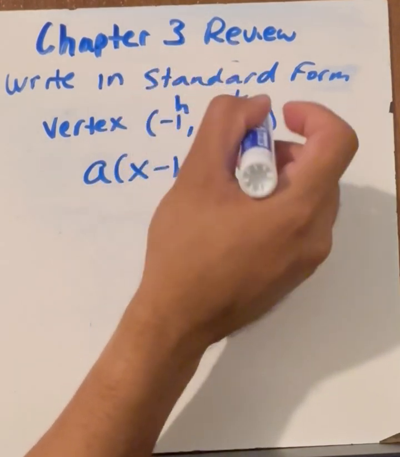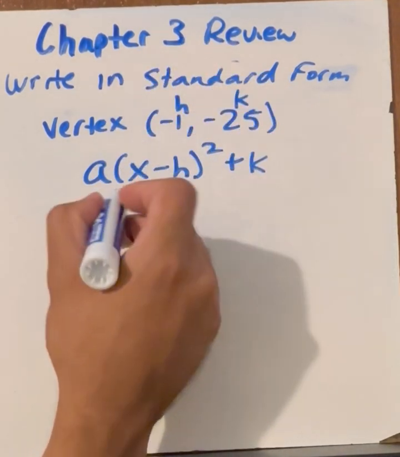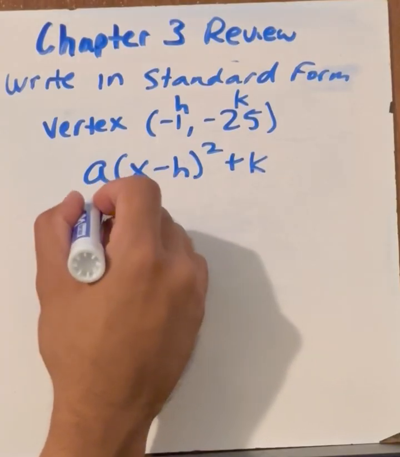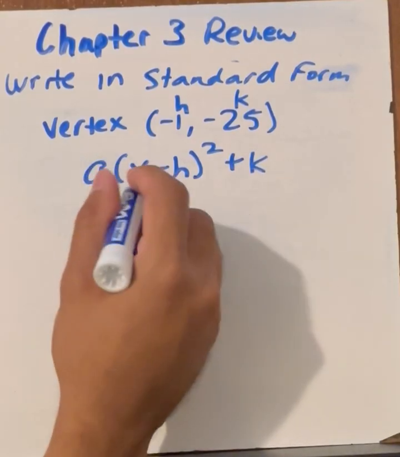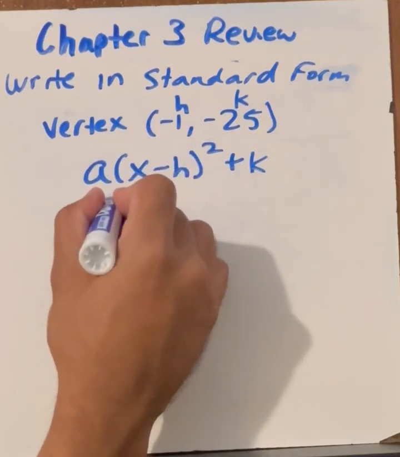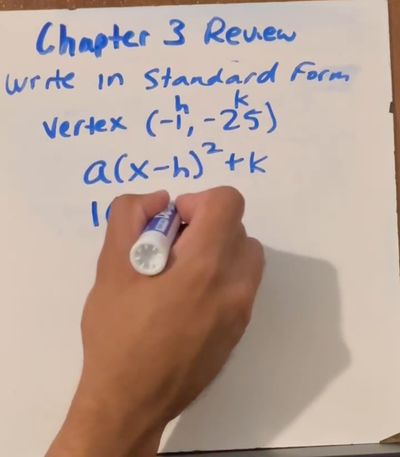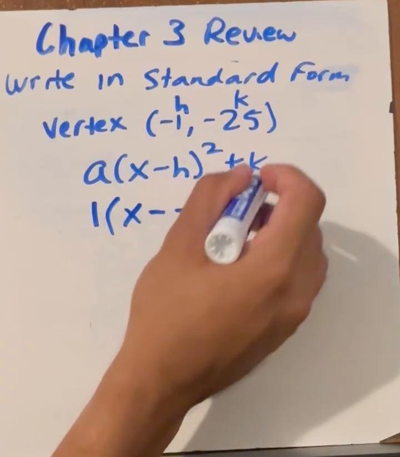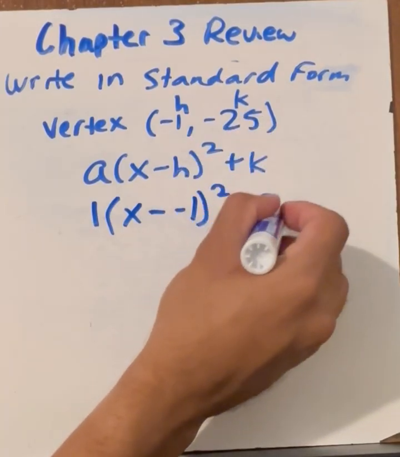So h is the x value of the vertex and k is the y value of the vertex. In this question, we can just assume that a is 1. There will be a case where we can't assume that a is 1, but in this case, we can assume that a is 1. X minus h is -1 squared plus k is minus 25.